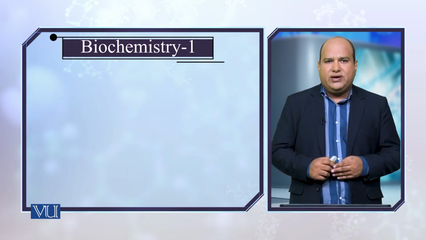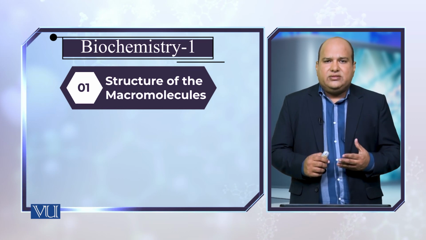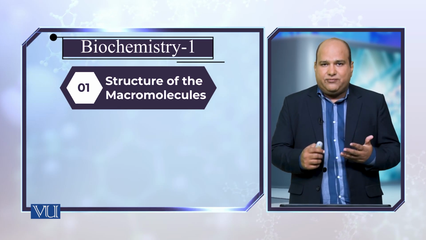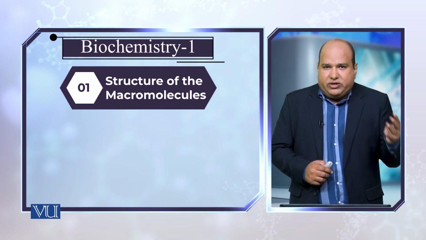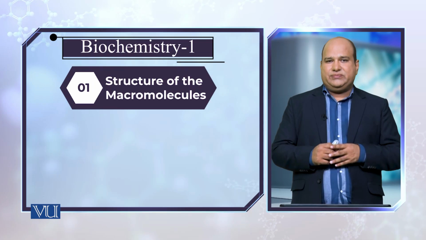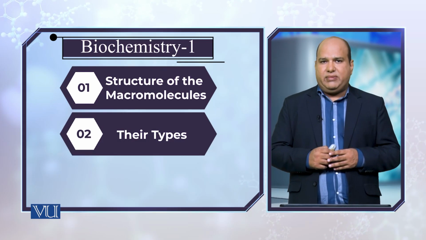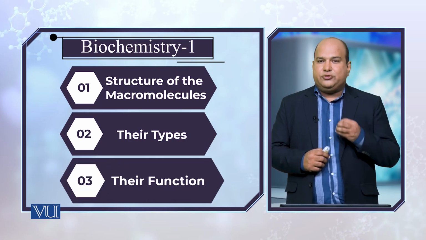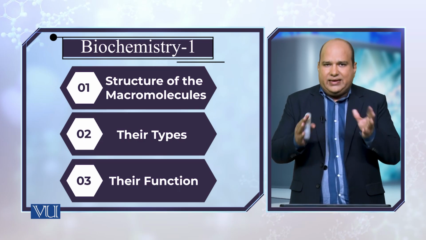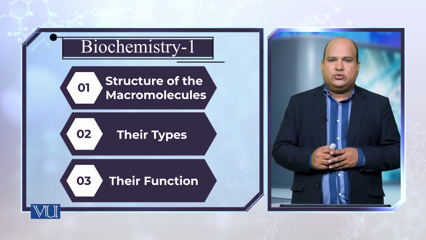In that course, you study the structural aspects of the four major macromolecules: nucleic acids, proteins, carbohydrates, and lipids. You study different types of these macromolecules and what functions they perform. The study of these major molecules constitutes the Biochemistry 1 course.